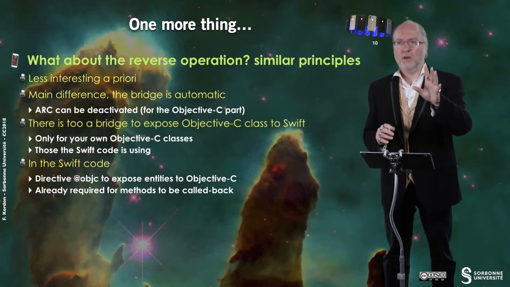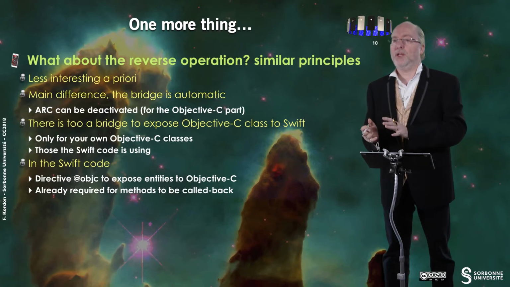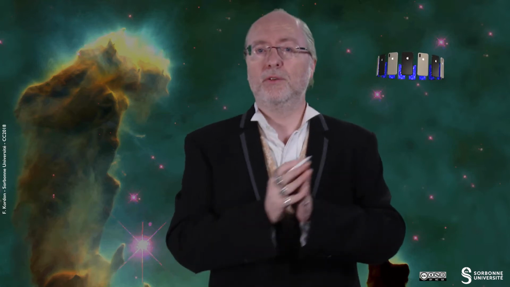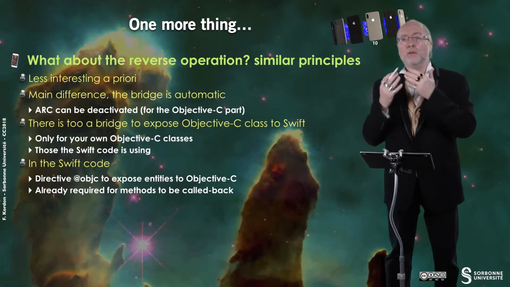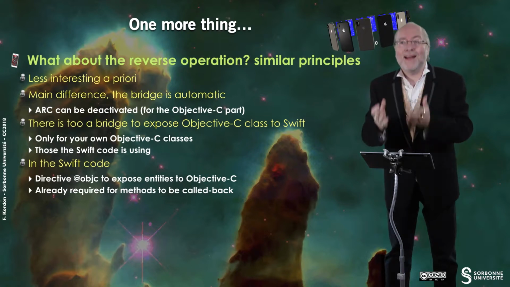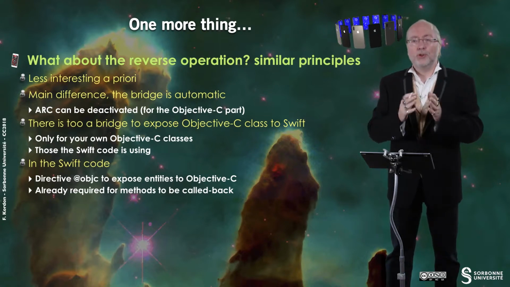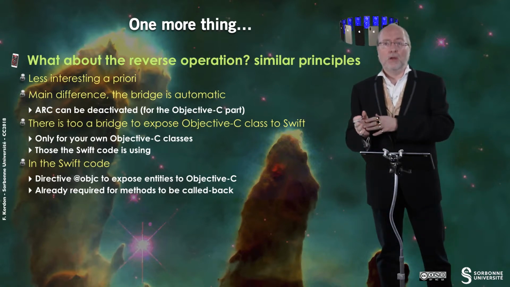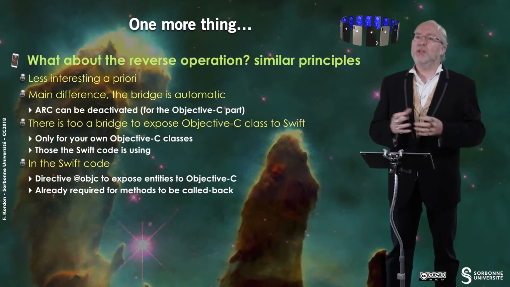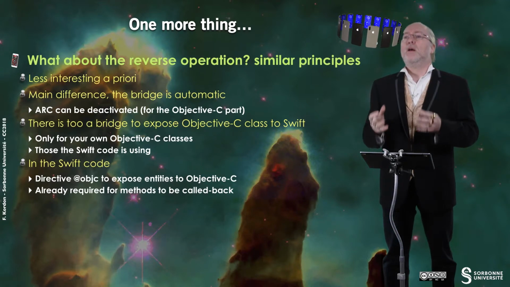One more thing. What about the reverse operation? We dealt with invoking Objective-C from Swift. Now we might like to invoke Swift from Objective-C. Of course, this operation is of less interest. Why?